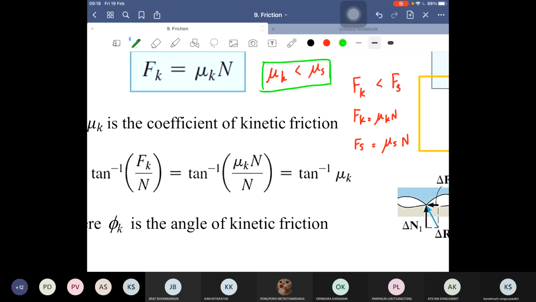So in this case, normally mu k is said to be approximately 25% smaller than mu s. Okay, so mu k is about 25% smaller than mu s. Just an approximate value, not the exact value.